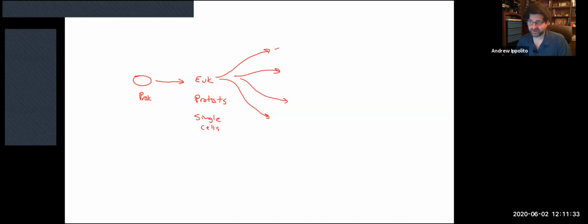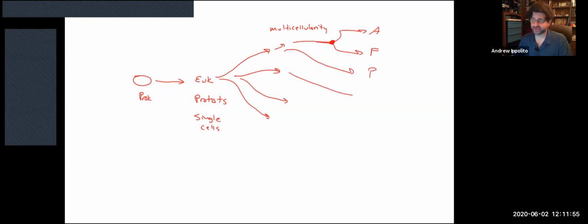Some of them eventually figure out multicellularity. That gives rise initially to something called the opisthokonts, which I told you last time, that give you the animals and the fungus. And then some of them give rise to the plants. All the others are still here though.